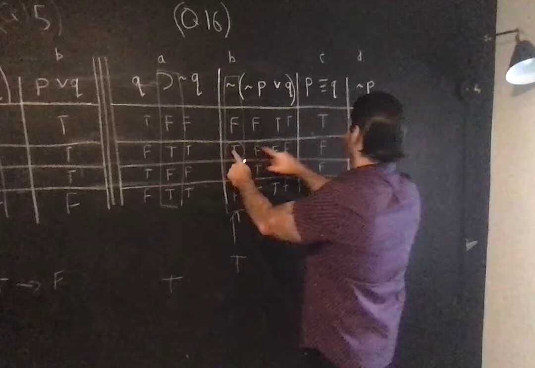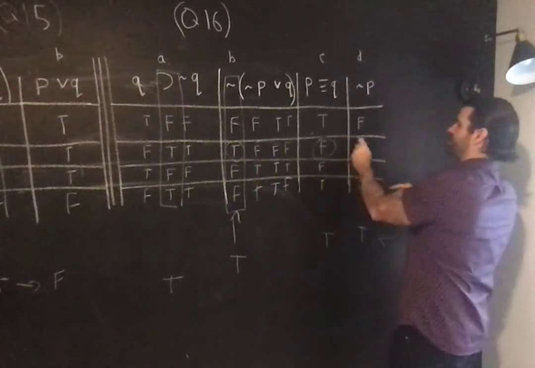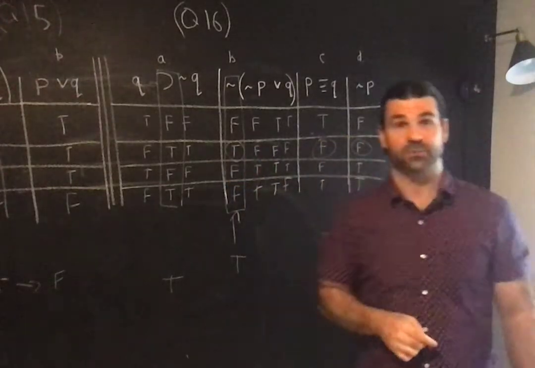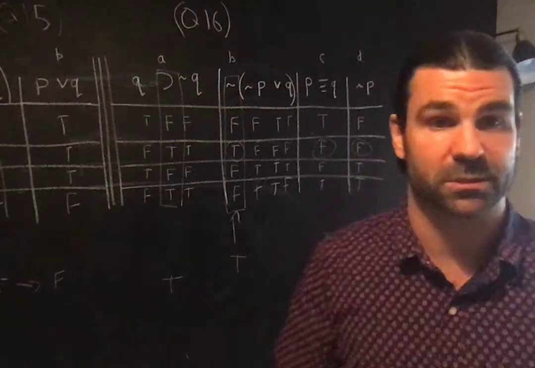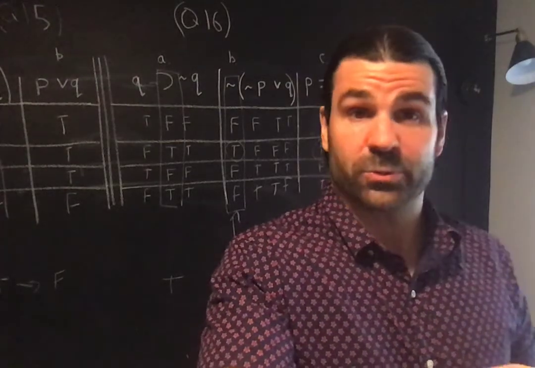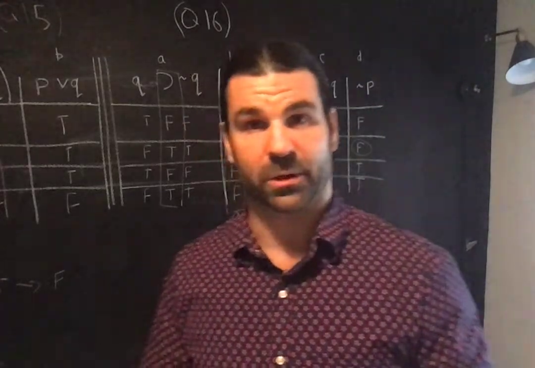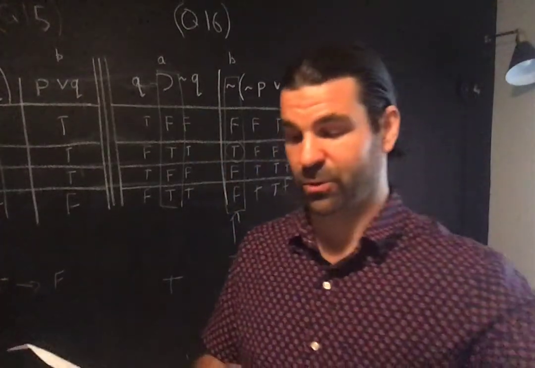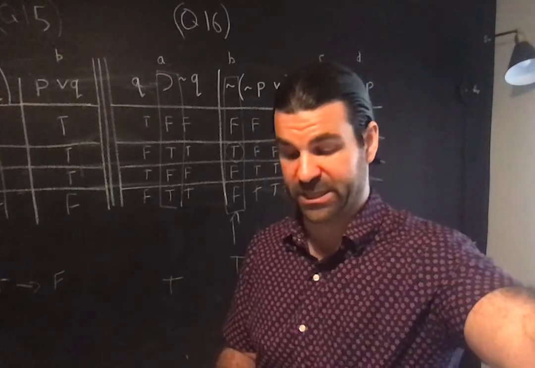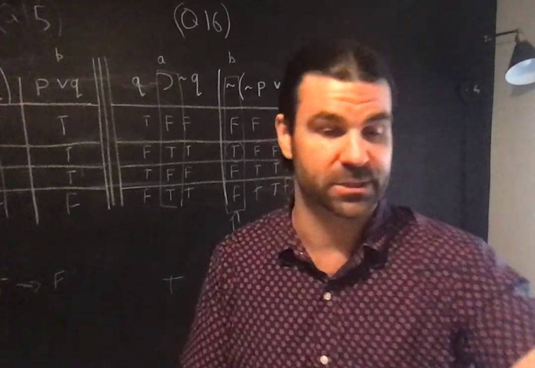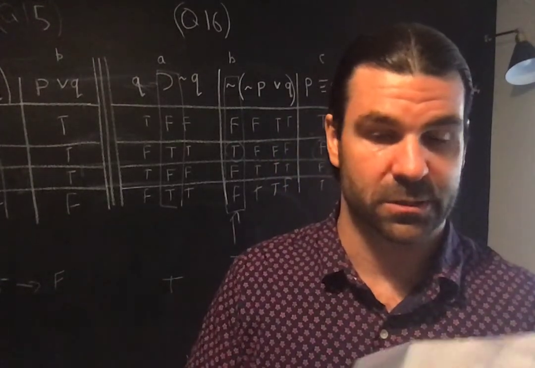This is true here, but in that same row, these two are false, so these formulas are not consistent. And that's what you say, just explain in words. There is no row where they all come out true, so it is an inconsistent set, not a consistent set. All right, that's it.